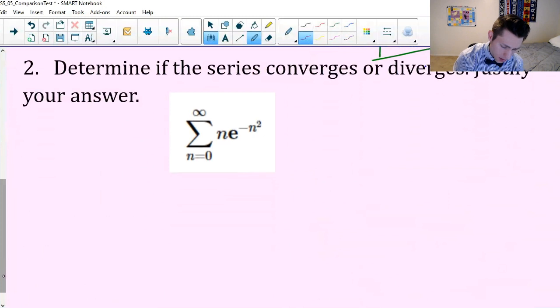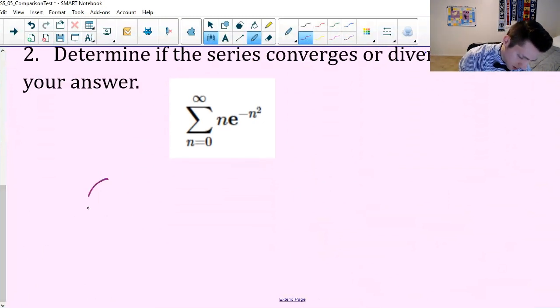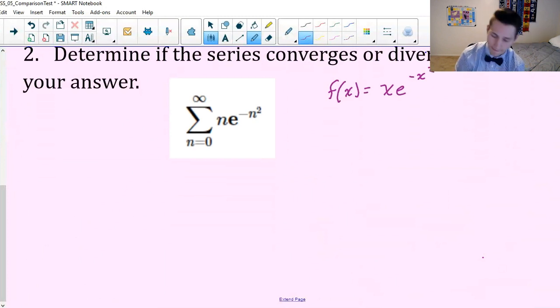But I'm going to go ahead, since we're practicing, and use the integral test here. So remember, for the integral test, we need to know a few different things. So we're assuming our f of x is just whatever that sequence was. So in this case, I'll just change it and use x. x e to the negative x squared. So is f positive?